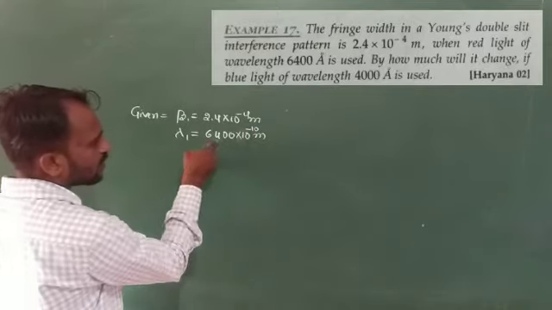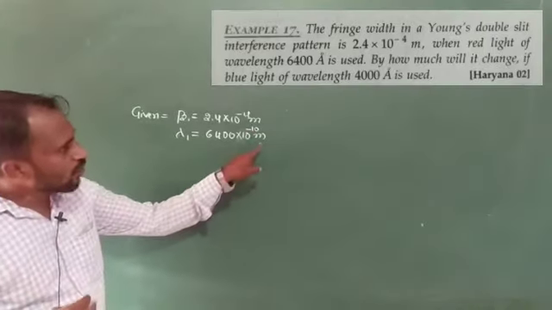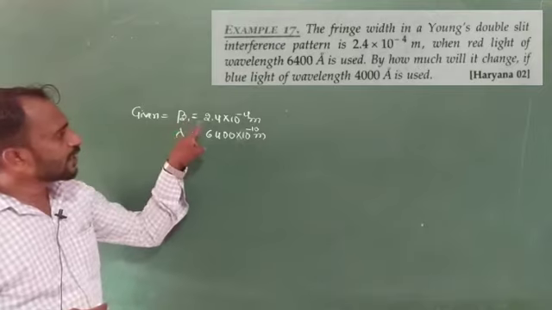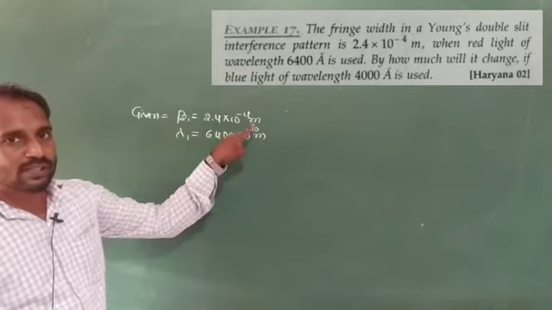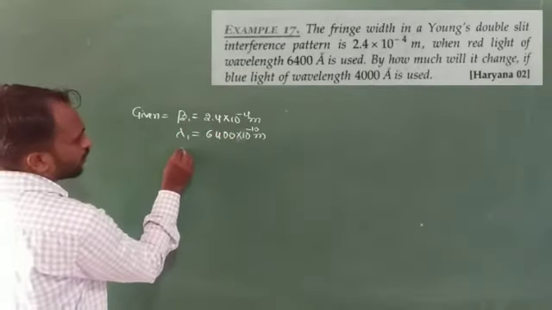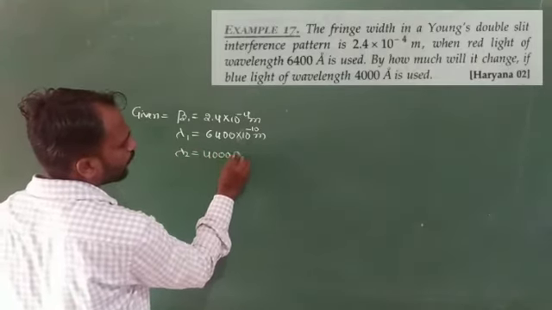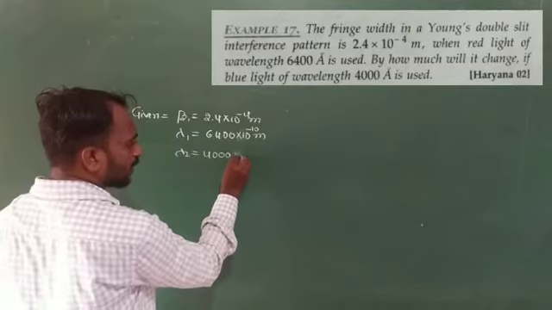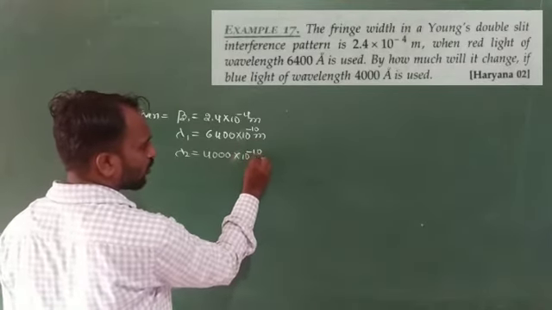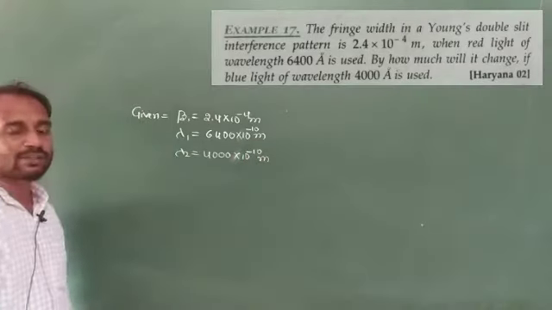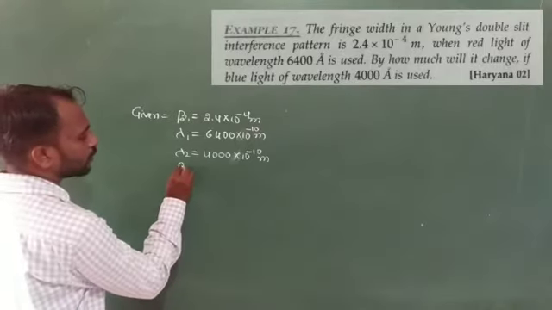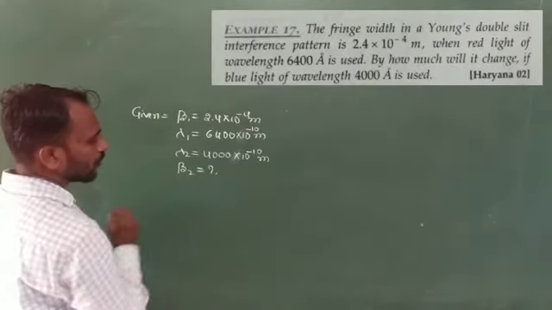When we use the 6400 angstrom wavelength, we get a fringe width of 2.4 into 10 power minus 4 meter. Suppose we use 4000 angstrom wavelength, that is 4000 into 10 power minus 10 meter, then we want to calculate the beta 2 value.